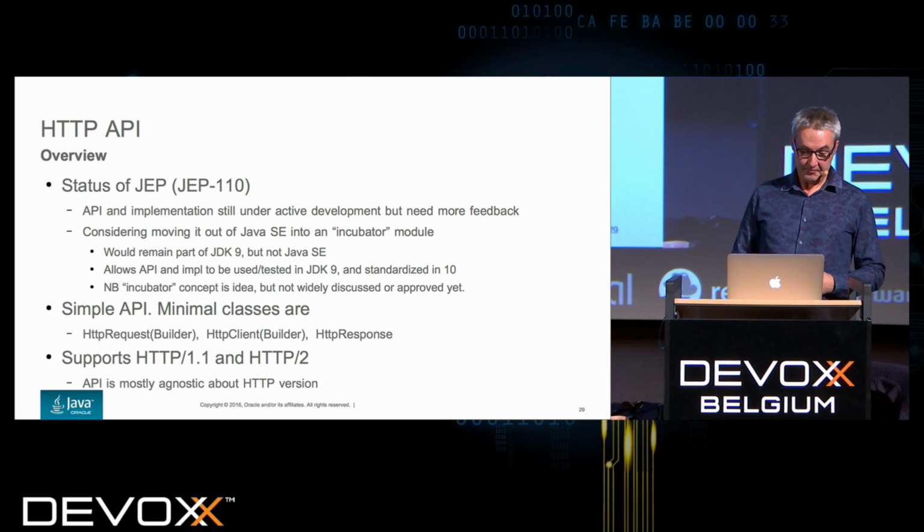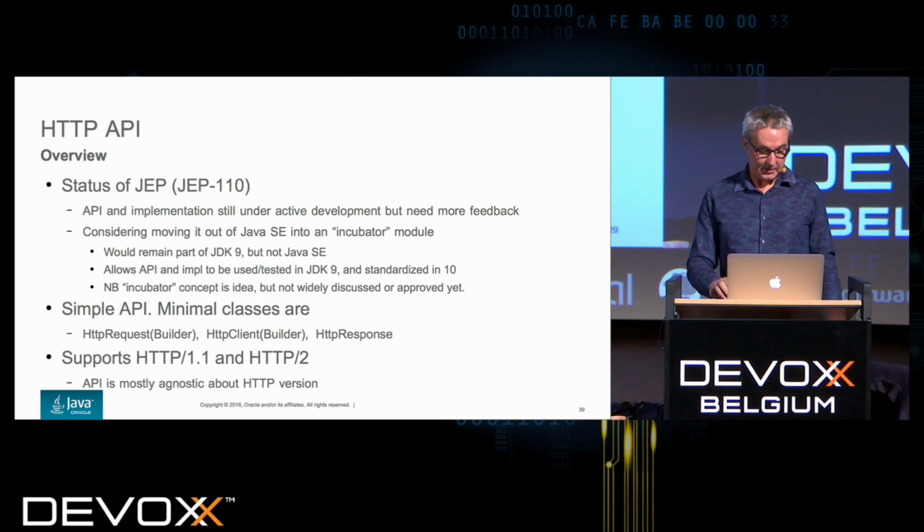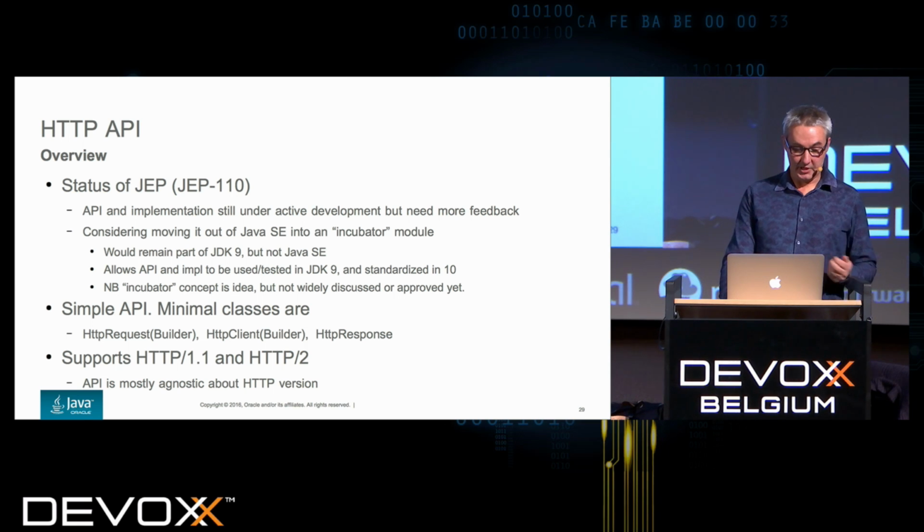What we're considering is moving it out of Java SE and into what we're calling an incubator module. The idea is that it would remain part of JDK 9, fully visible and usable, but not part of Java SE. In particular, it wouldn't be a standardized API.